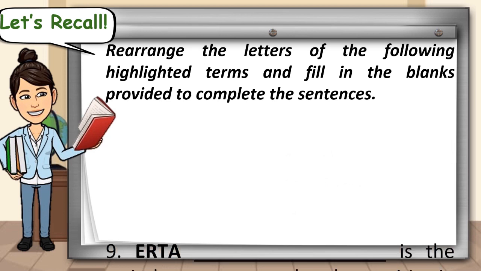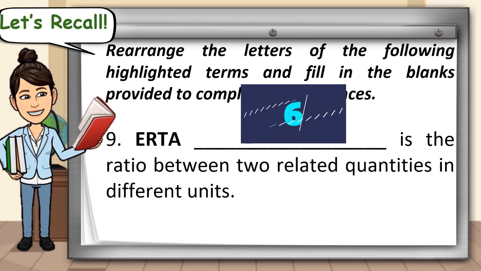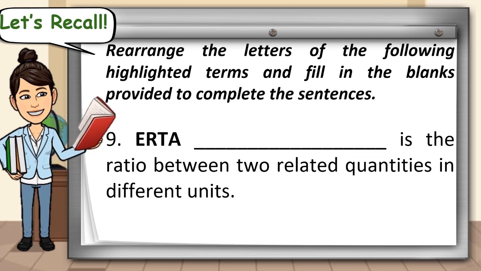Number 9. Blank is the ratio between two related quantities in different units. You have 10 seconds to answer. The correct answer is rate.